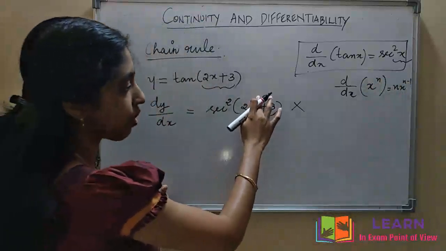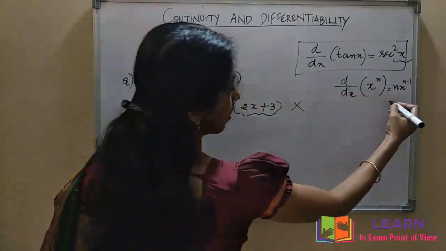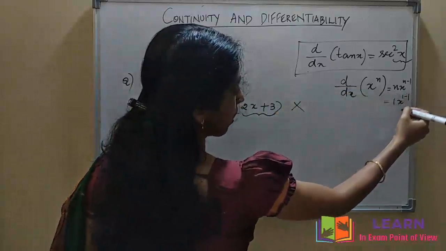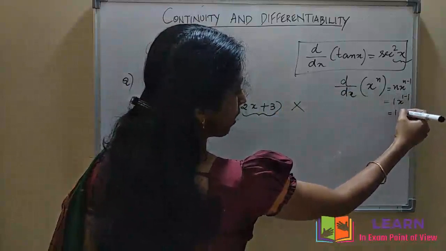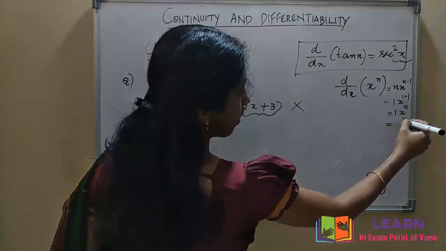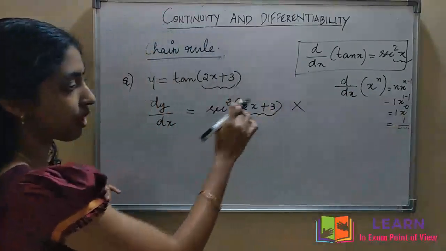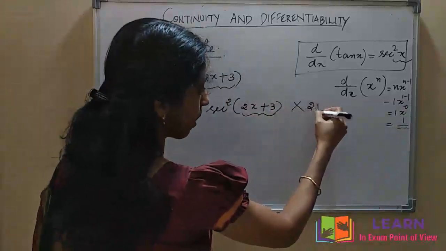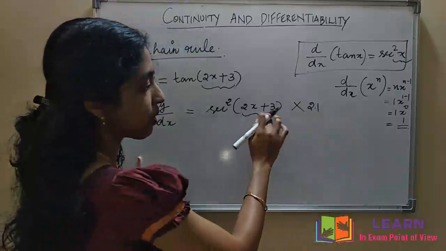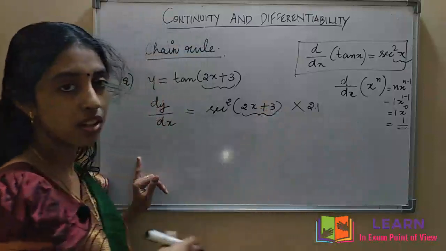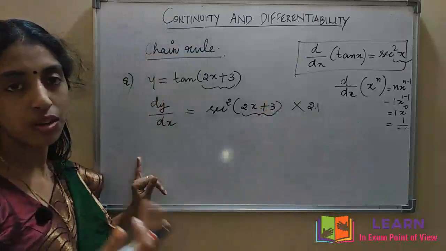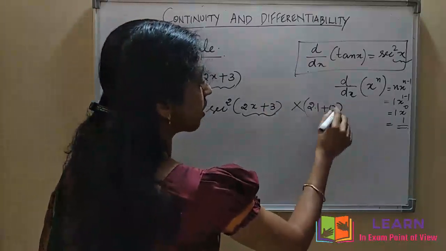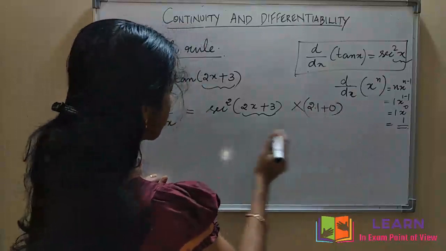Here in the place of n we have 1, that is 1 x raised to 1 minus 1, that is 1 x raised to 0, that is 1. So differentiating x you will get 1. 2 as such you can write, 2 into 1. One more term is plus 3. 3 is a constant, and the derivative of a constant is 0. So plus 0 in the bracket, this is the derivative.